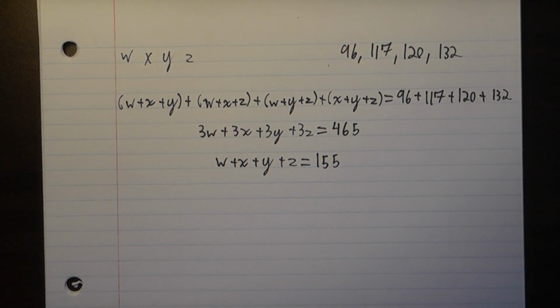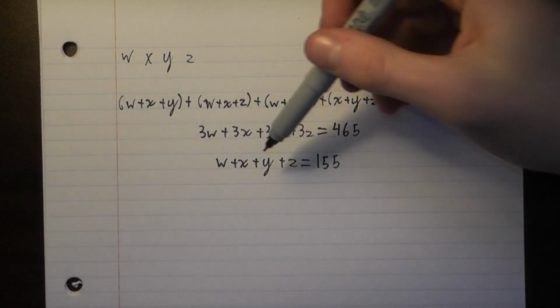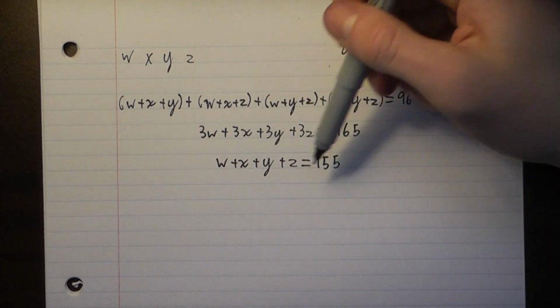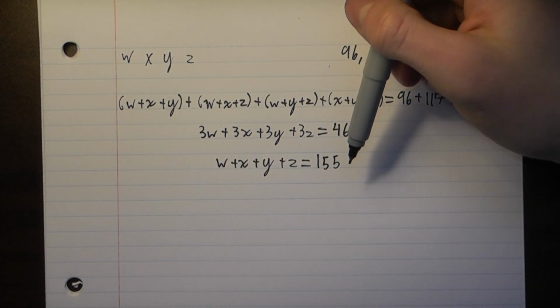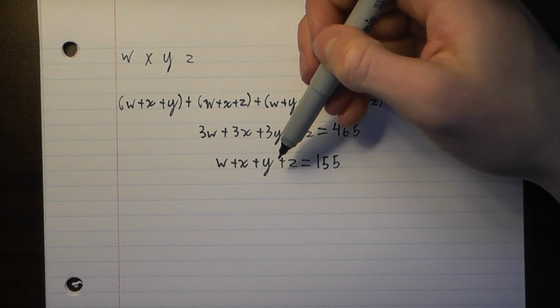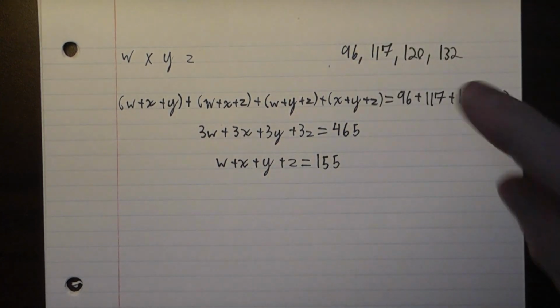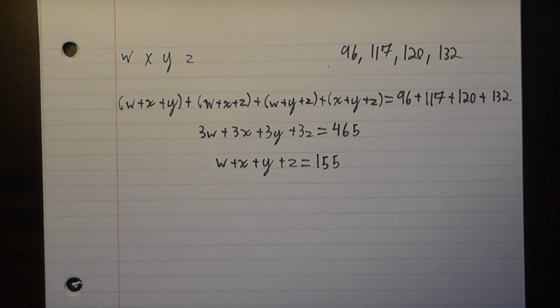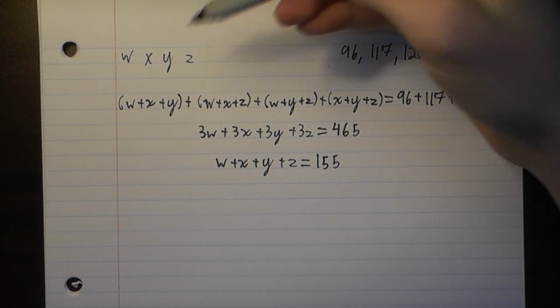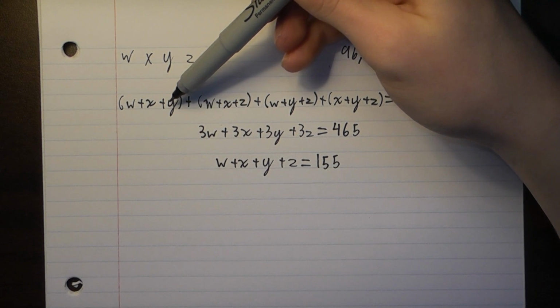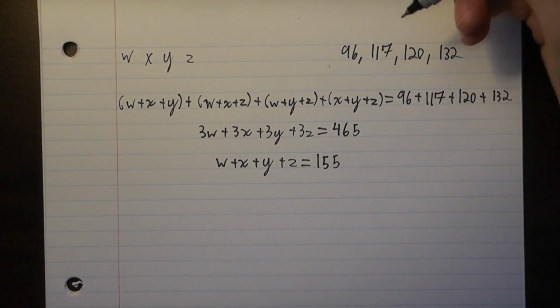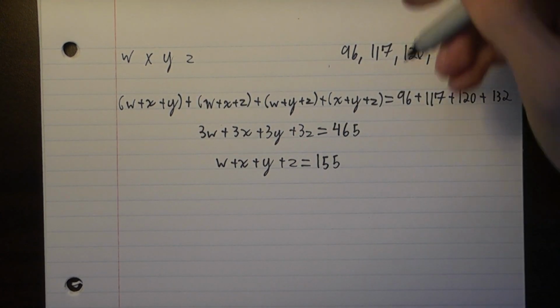Now for some context about the next step. If all of these numbers together equals 155, then if you subtract 3 of these numbers and what they correspond to, you will get the value of one number. This is what I mean. Let's say W plus X plus Y is the one that equals 120.